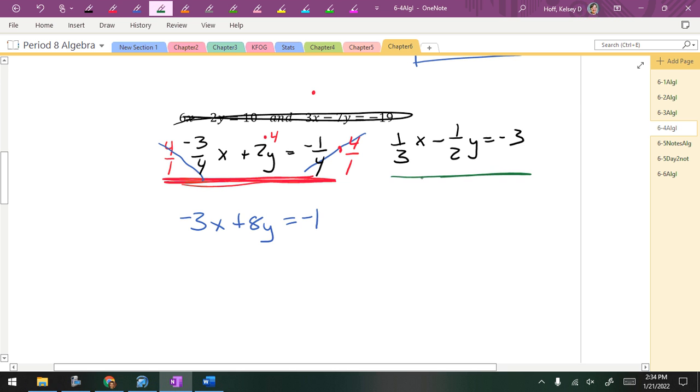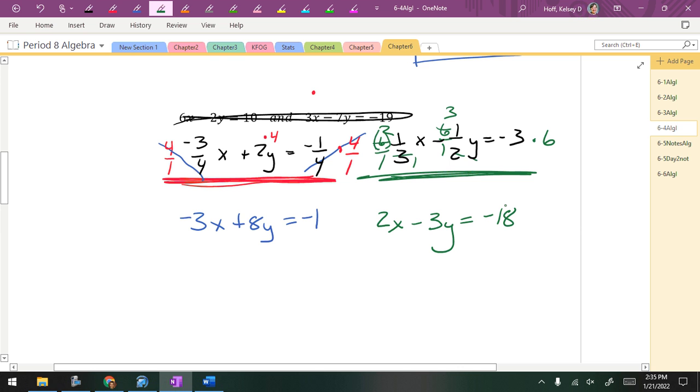So then on the right side, we'd have to multiply by 6, something to cancel 3 and 2. So I'd end up with 2x minus 3y equals -18. Now, is that as scary?